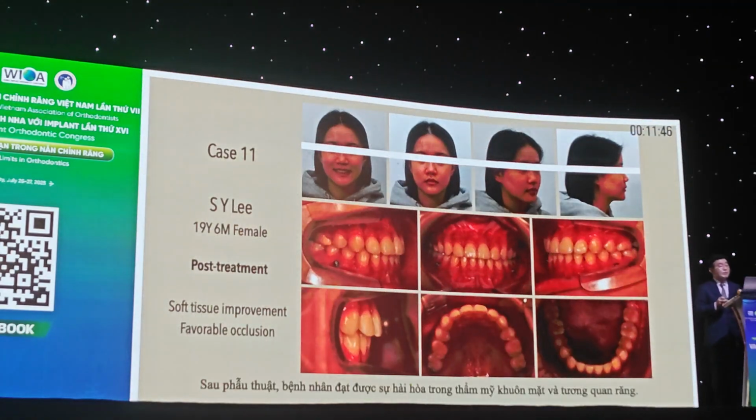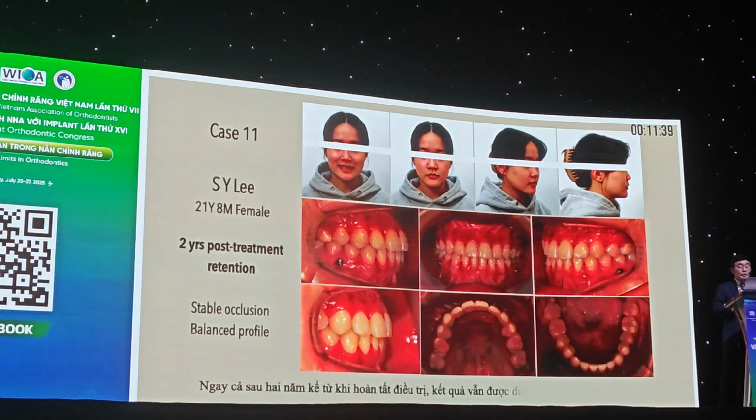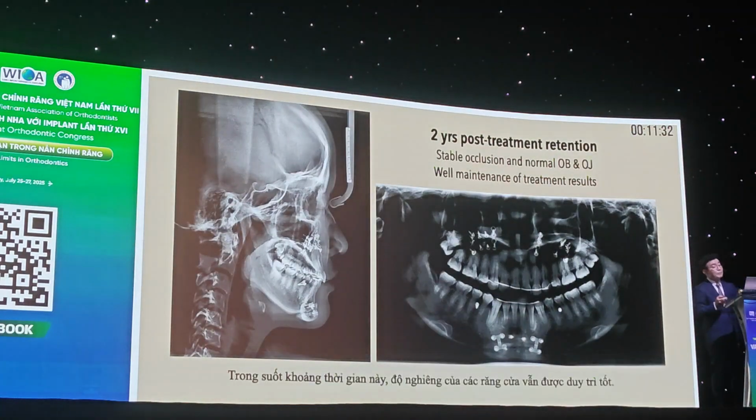Post-surgery, the patient achieved a harmonious and balanced facial appearance and interdental relationships. Even 2 years after treatment completion, the result remained stable and favorable. Throughout this time frame, the inclination of the incisors has been properly maintained.